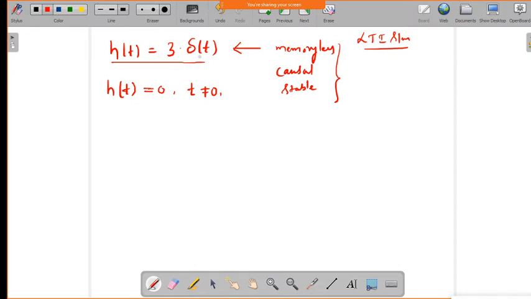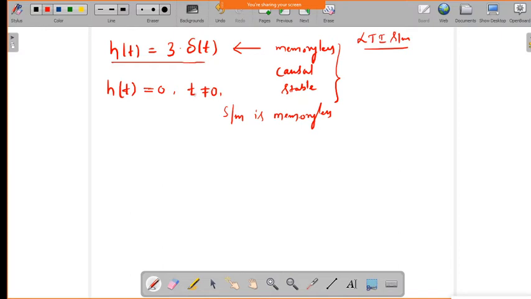Now, see here, this system only gives a value at t equal to 0, is it not? h of t is equal to 0 for other values of t, that is, t not equal to 0. That is, the system has the memoryless property, is it not?